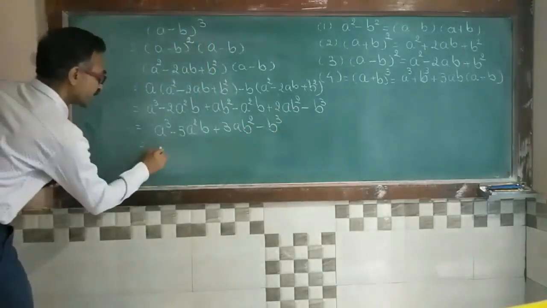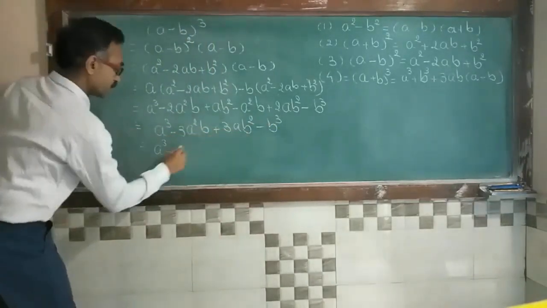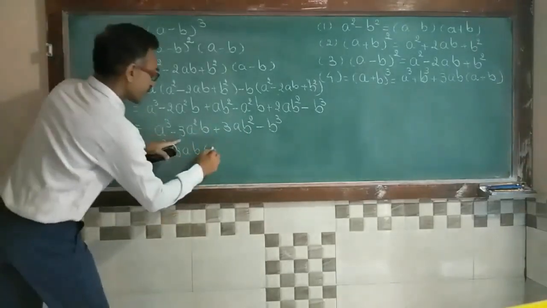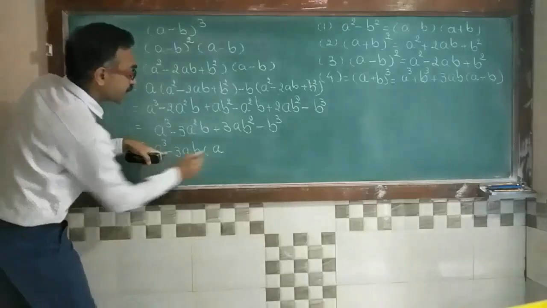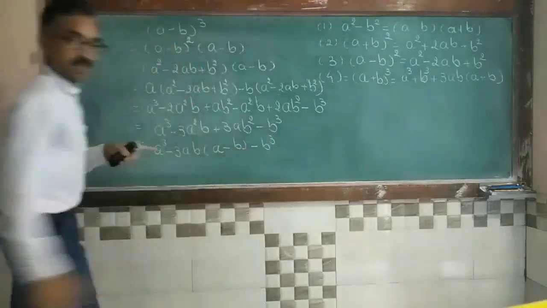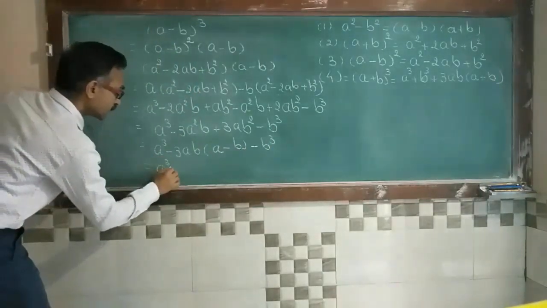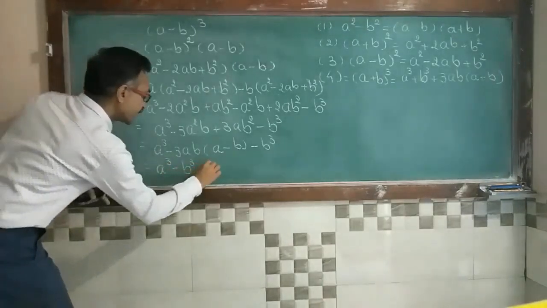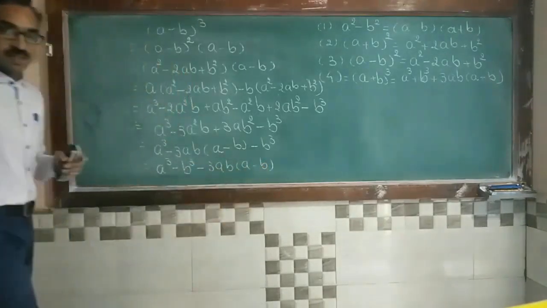So we can write it as a cube, and if we common out minus 3ab, the remaining is a, here minus b, and minus b cube. So the answer we can write also in this manner: a cube minus b cube minus 3ab into (a minus b).